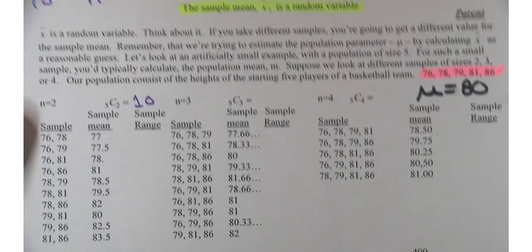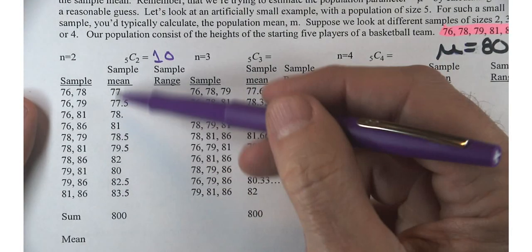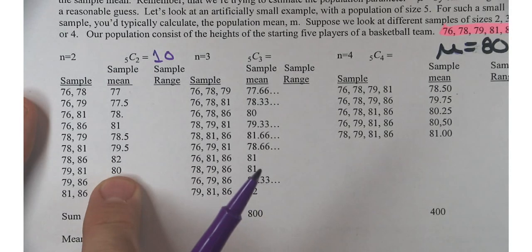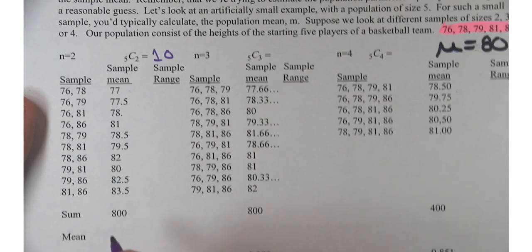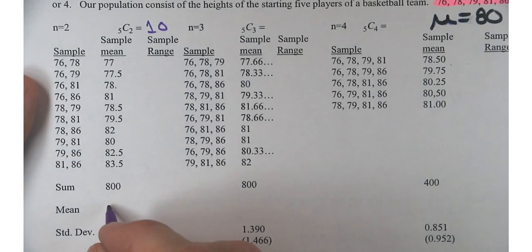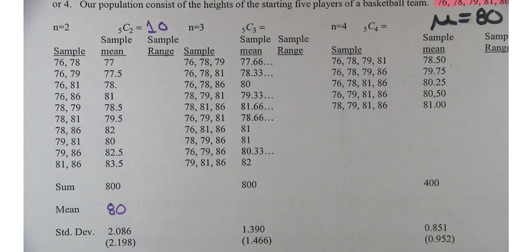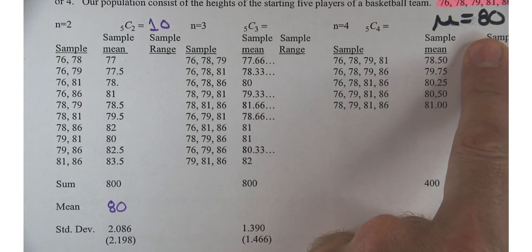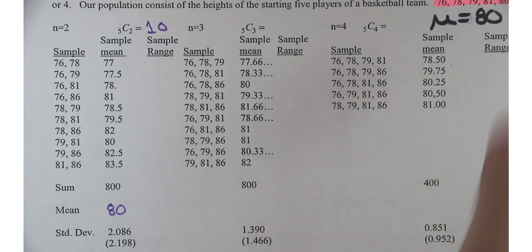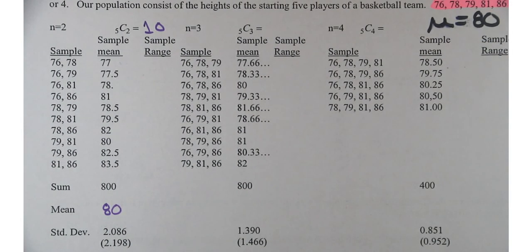And what that's saying, interestingly enough, is that even though these aren't always right, in fact, it's only exactly right once, on average, they give me the right answer. Because the mean of those sample means is actually 80. It matches this number over here. And that's good. That makes this what's called an unbiased estimator. And I'll talk more in depth about that in a little bit.